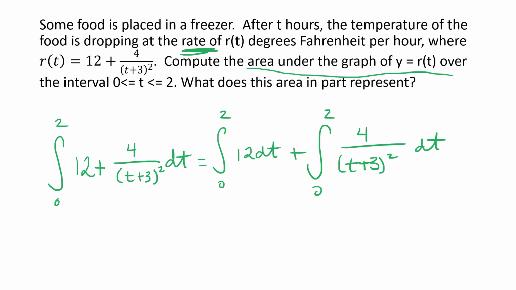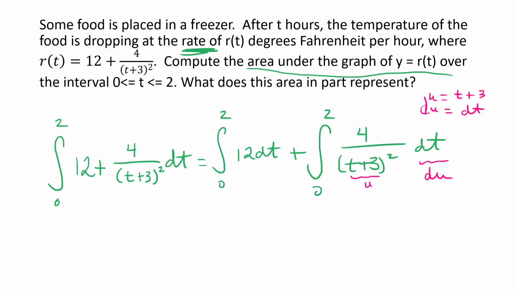So the piece on the right is the issue where I'm going to have a substitution where I'm going to let u equal t plus 3. So the derivative would be 1 dt. So where I see dt, I'm going to plug in du.